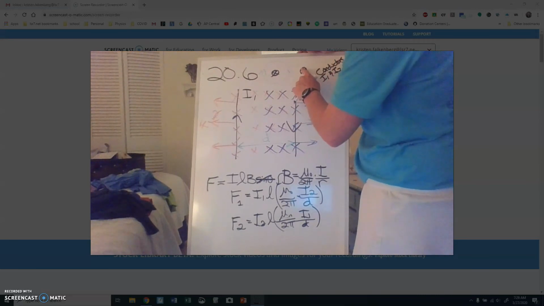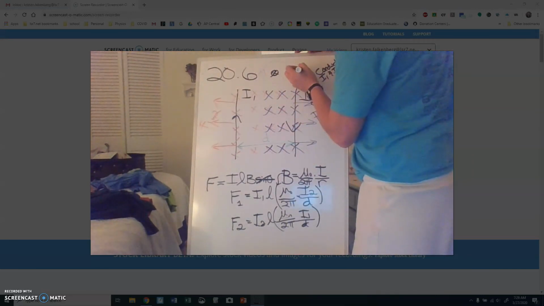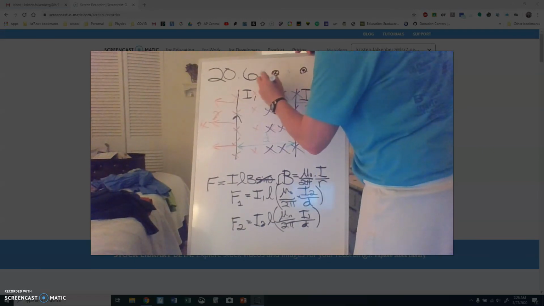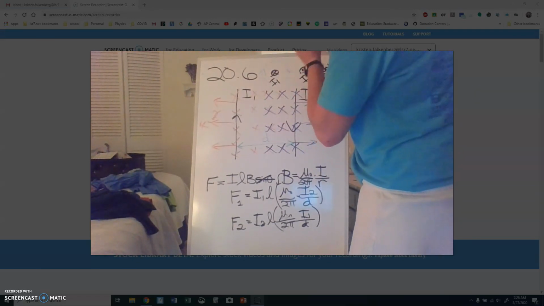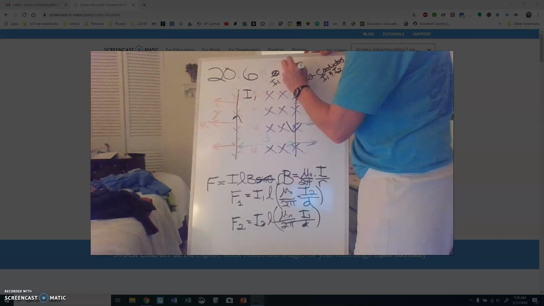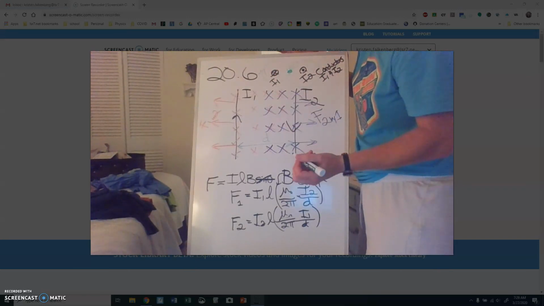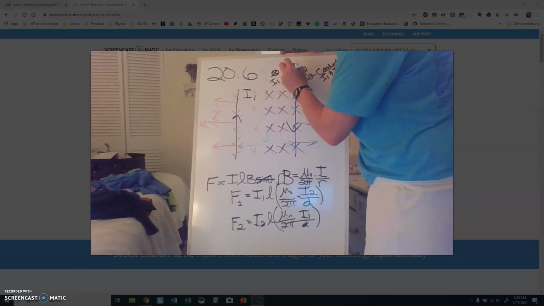Oh, I forgot I2 is coming out of the page. There we go. So I1, I2, it's coming out of the page, so that field is going down also.